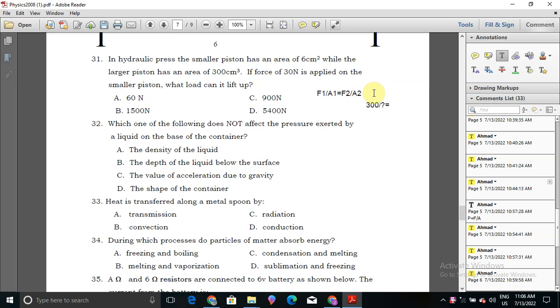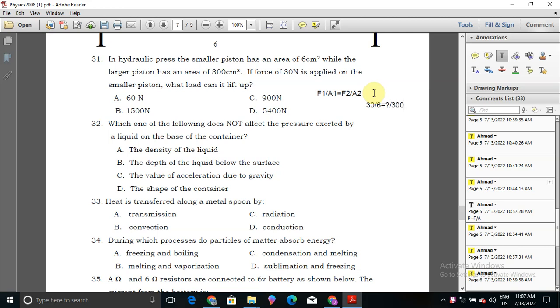Is equal to, first of all, the force, which will be 30 Newton, is applied on the smaller piston. Okay, and the smaller piston we have 6 centimeter squared. So that means over 6 is equal to what we have here, the larger piston, we don't know the force, over 300, right?